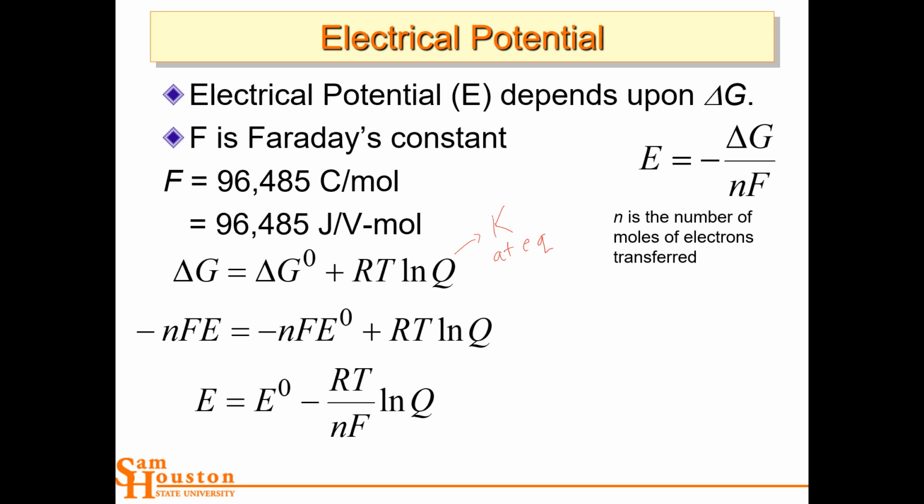And then since it's 0 on the left, then you can rearrange this, and that's how we have our relationship between delta G and the equilibrium constant, which you've used so much already.